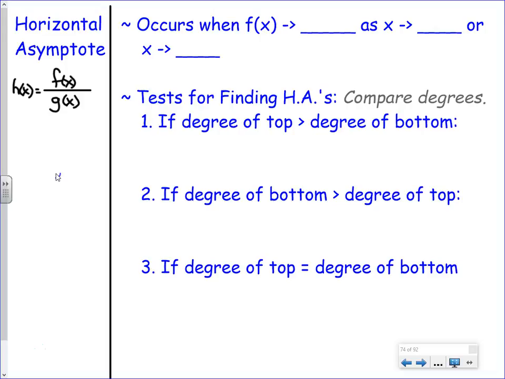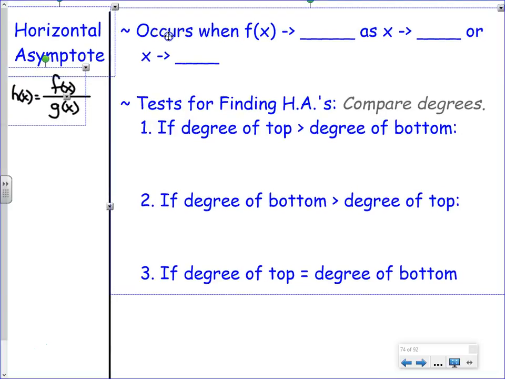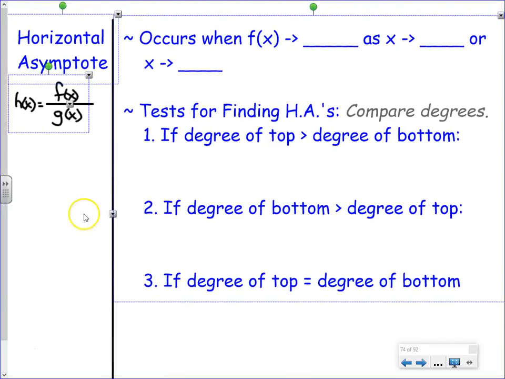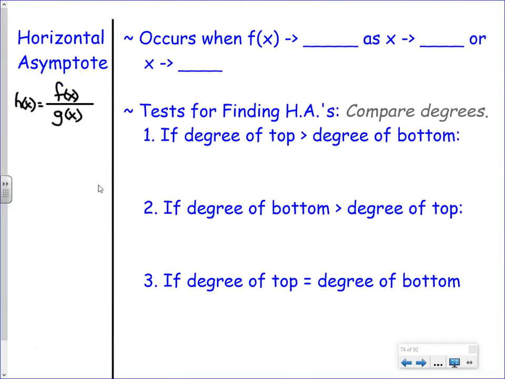Move it down just a little bit. A horizontal asymptote occurs when f of x, the y's, arrow approach. I'm going to fill in a couple of these blanks.